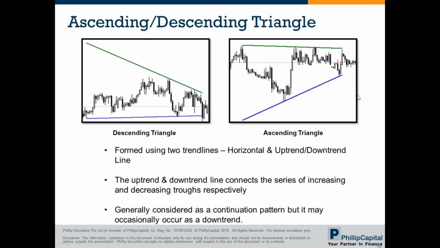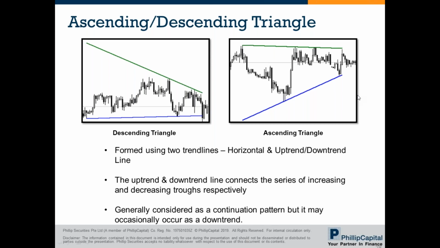The ascending and descending triangle is formed in such a manner that there is no pole. That is the difference. It is formed using two lines, one horizontal line and one trending line. The reason why it's called an ascending or descending triangle is quite self-explanatory. You can observe that the line that is at an angle, the trend line, is slowly moving towards the horizontal line.